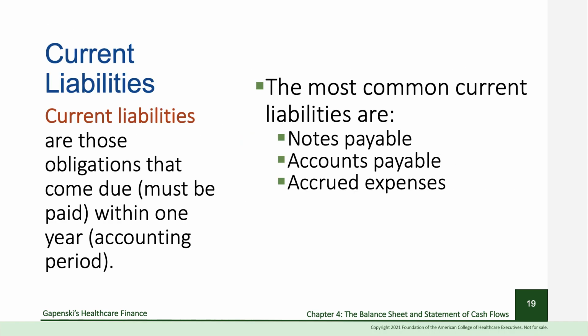Current liabilities are those obligations that come due within 1 year of the accounting period. The most common current liabilities are notes payable, like treasury notes, accounts payable, and accrued expenses that you need to pay off.